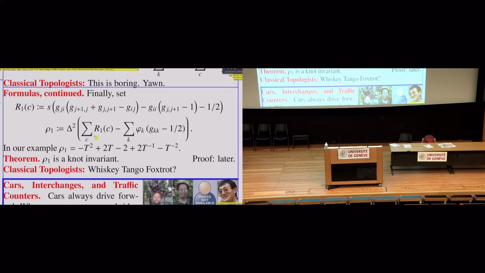This was quadratic in the inverse. The inverse will have denominators, the determinant is the Alexander polynomial. So this whole thing inside the parentheses will have denominators of the Alexander squared. So just kill the denominator, multiply by delta squared. And our theorem is that rho 1 is a knot invariant.